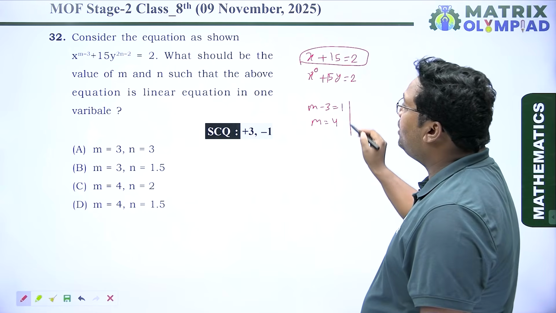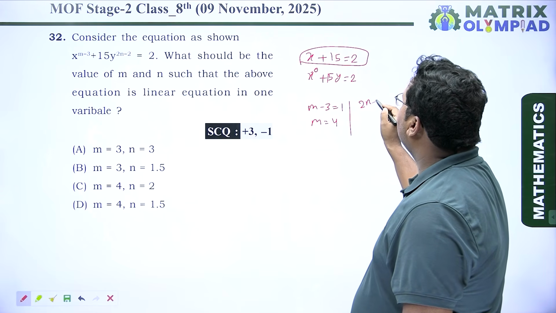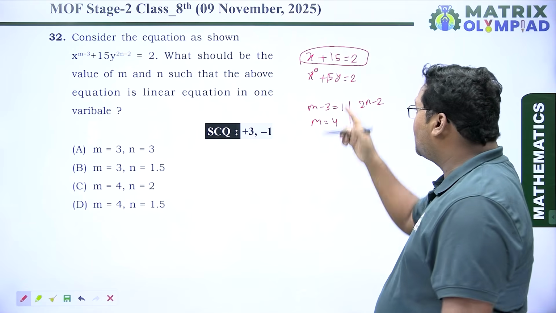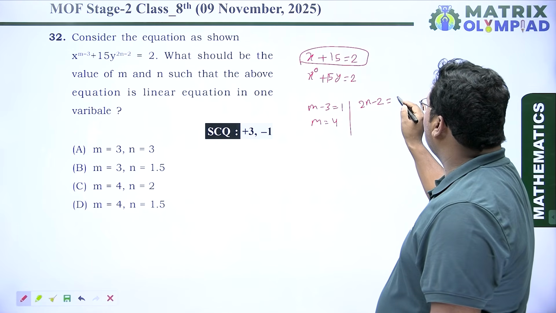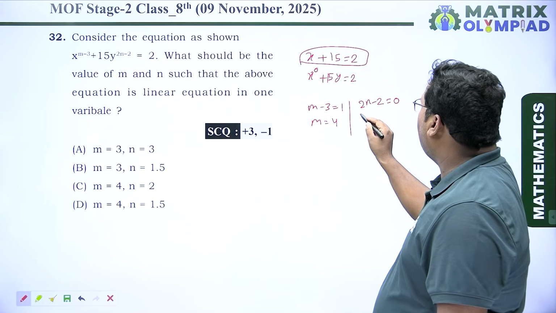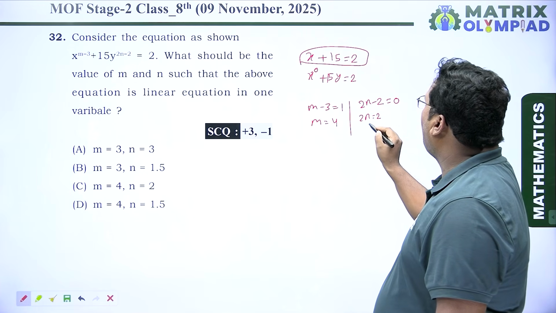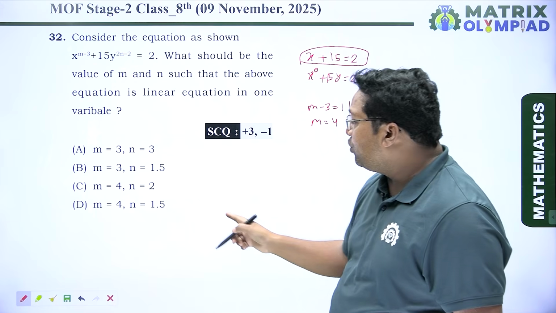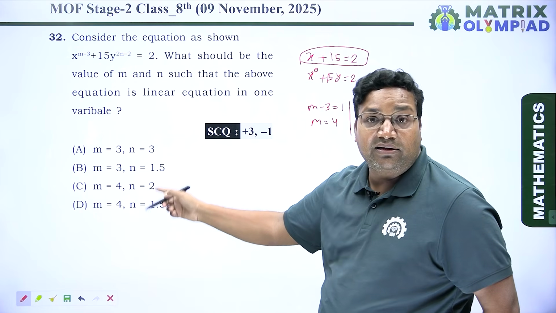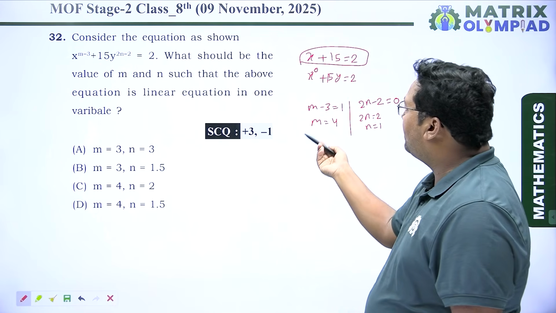Similarly, we have to put the power of y, 2n minus 2, equal to 0. So here 2n equal to 2 or n equal to 1. But m equal to 4 and n equal to 1 is not given in these options. So this is not our answer.